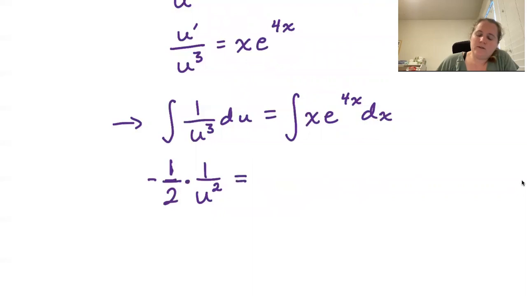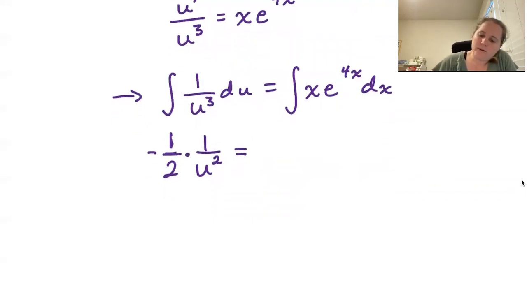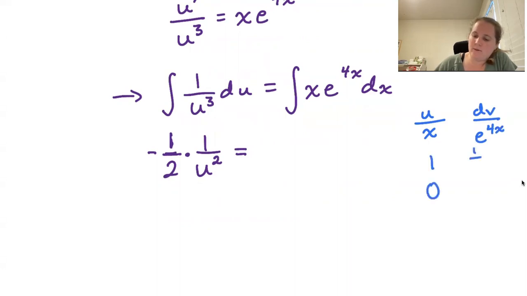On the right, we will need to do a little integration by parts. So we'll go ahead and set our u to be x, since that'll go down with differentiation. Our dv will be e to the 4x. Differentiating down the left, we'll go to 1 and then 0. Integrating on the right, we'll have 1/4 e to the 4x and 1/16 e to the 4x.